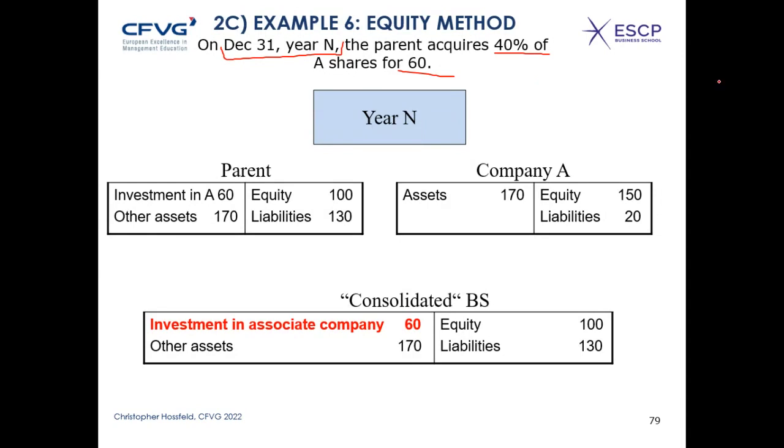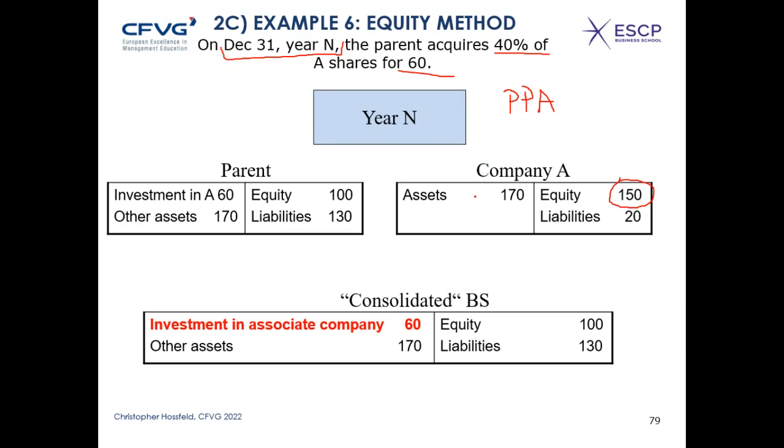Yes, indeed. So here also we assume that we acquire the investment at book value. So 40% of the book value is 60. That means here I do my purchase price allocation, but we do not have any information. So there is no valuation difference, there is no goodwill. But I need to do a purchase price allocation, and here we assume, because there's no information, that nothing has happened.